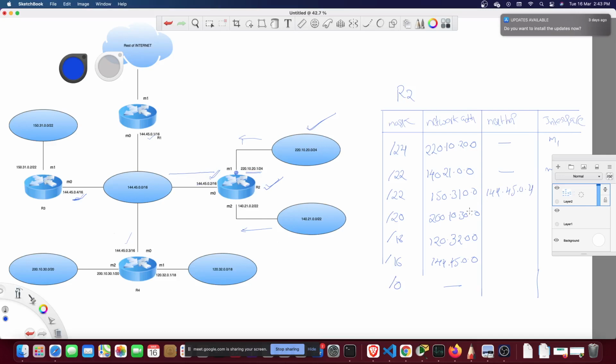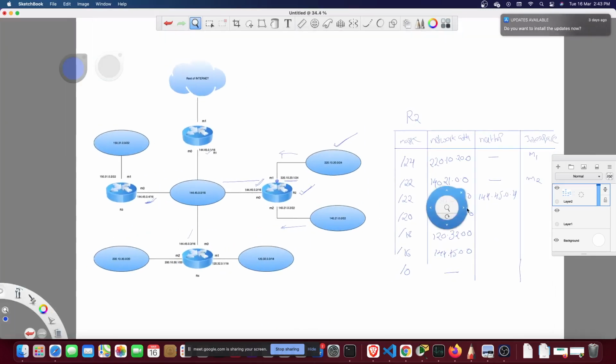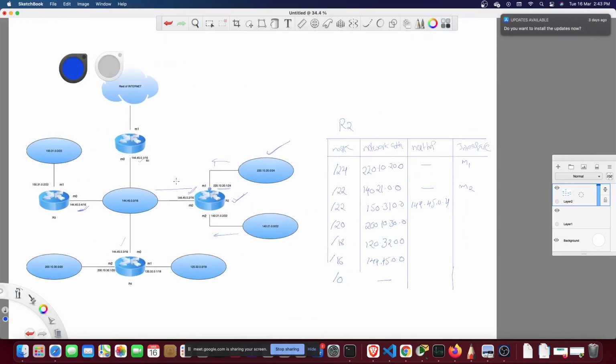144.45.0.4. But when it comes to interface, from which interface to which interface is that next hop connected for R3? M0.